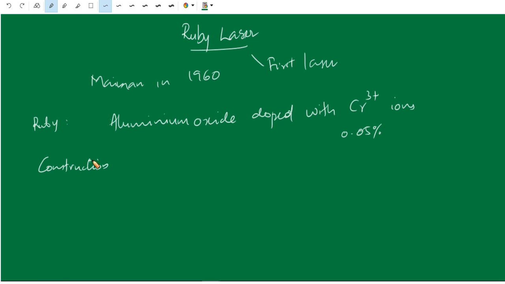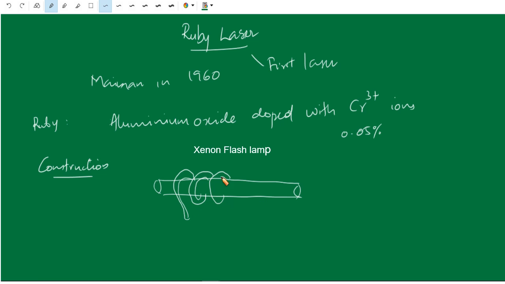Now let us discuss the construction. The ruby laser consists of a single crystal of ruby which is placed inside a xenon flash lamp. The flash lamp is of helical shape and this ruby crystal is kept in the axis of the flash lamp.